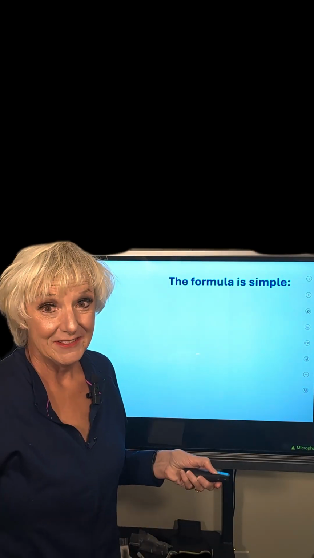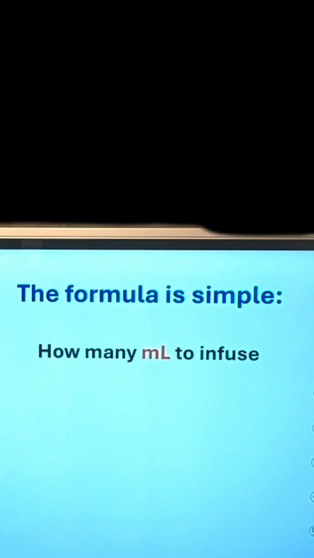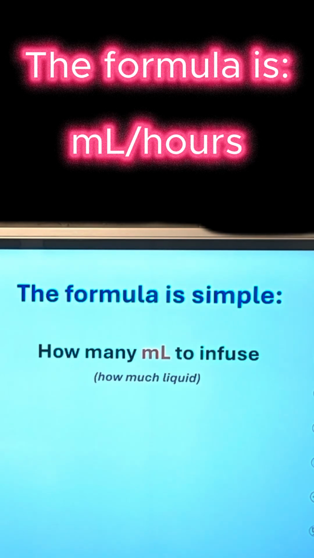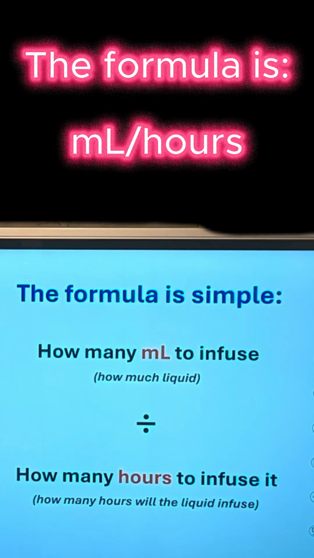The formula is very basic. How many milliliters an hour? Well, how many milliliters to infuse? That's the first thing. That's your top number. How much liquid do you have in milliliters divided by how many hours to infuse the liquid over.